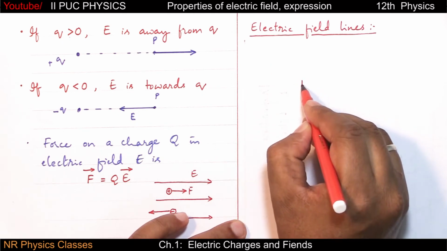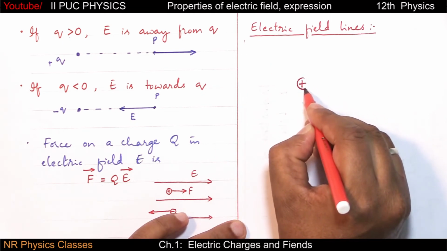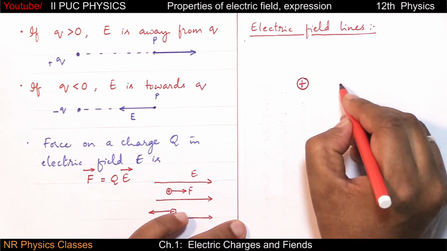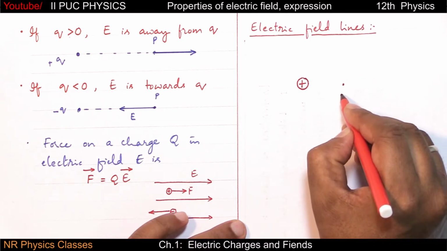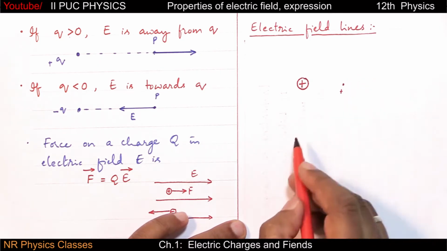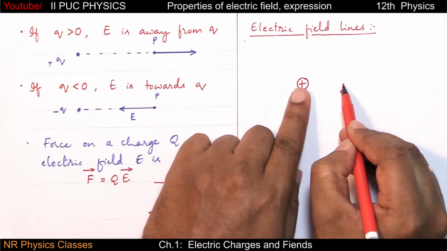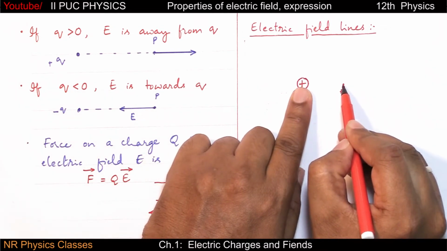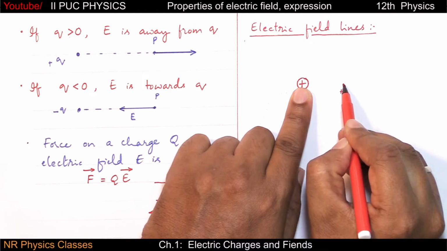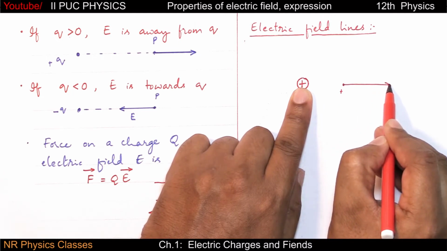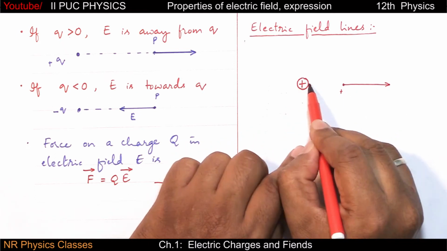For example, if this is the given charge, keep a test charge here. This test charge is positive and very small. There is repulsion between these two charges. As a result, this test charge moves in this direction. So in the direction of motion, draw one line.